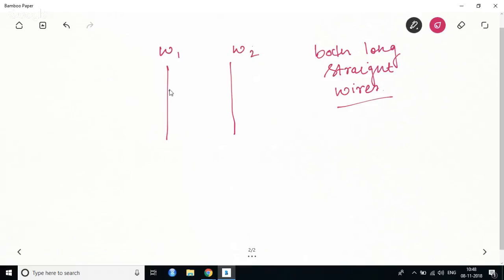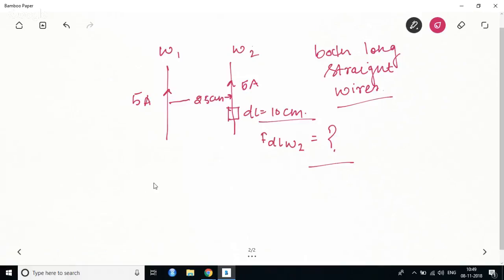Current is 5 ampere here and 5 ampere here. The distance between them is 2.5 centimeters. Now I am asking, if I take a dl length of 10 centimeter, find out F dl on the W2 wire, where dl is equal to 10 centimeter.